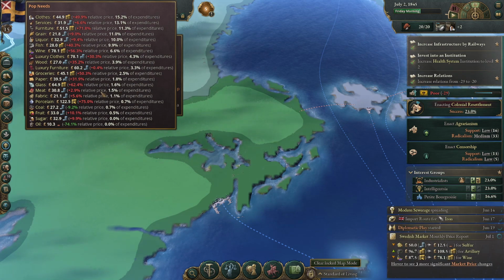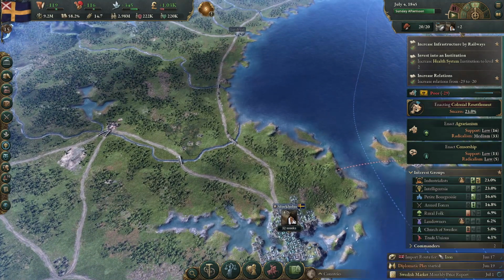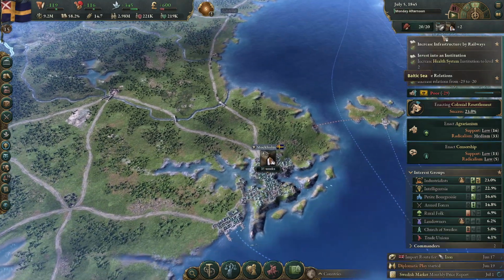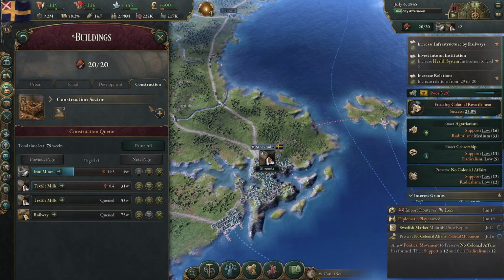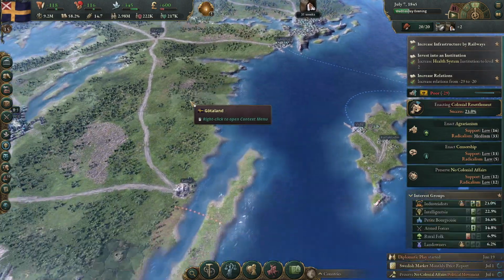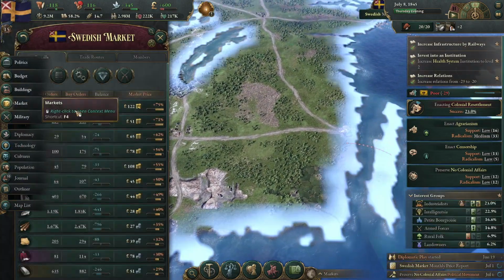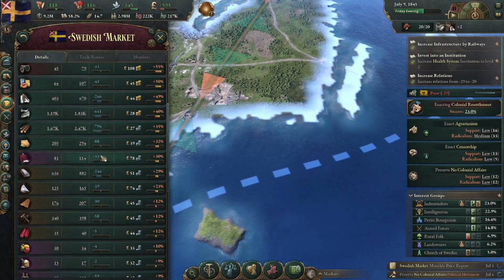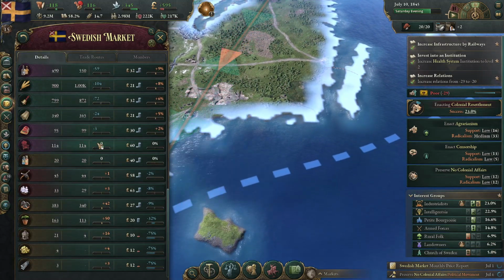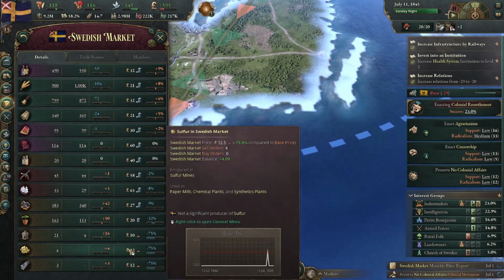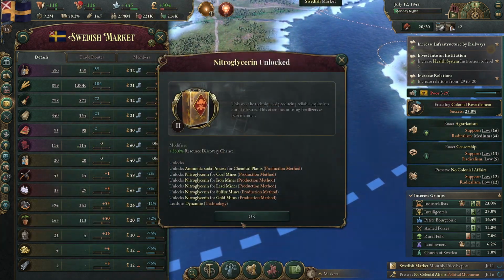Fish is expensive. Wine, clothes is still expensive, but we're still working on a clothes thing. About fish, what's the market for fish? Where is it? Right, we've got nitroglycerine.